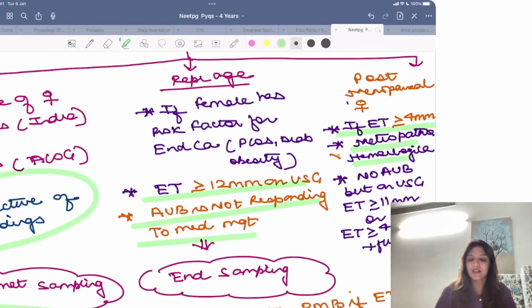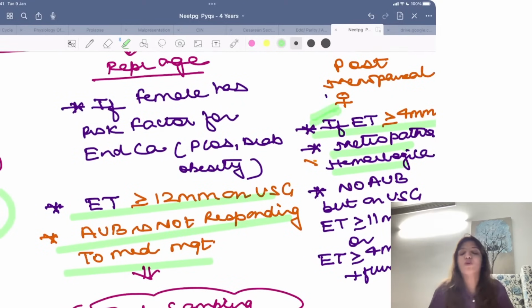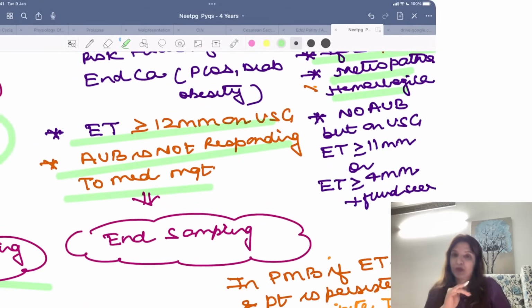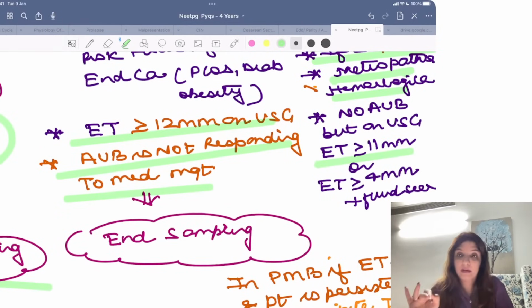If your question says that the patient is not having any bleeding, she's a postmenopausal female who doesn't have any postmenopausal bleeding, the endometrial thickness of more than 4 millimeters applies when a patient is coming to you with bleeding. Now, if the patient is not coming to you with bleeding, she is a postmenopausal female in whom you did a routine ultrasound and you saw endometrial thickness is more than 11 millimeters. In that case, still you will have to do endometrial sampling.